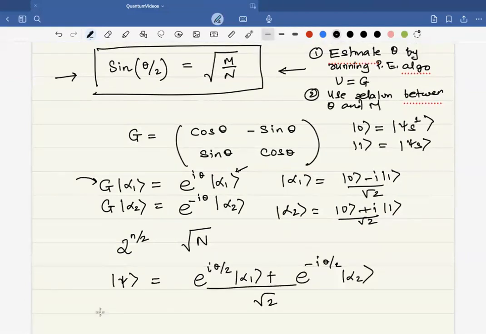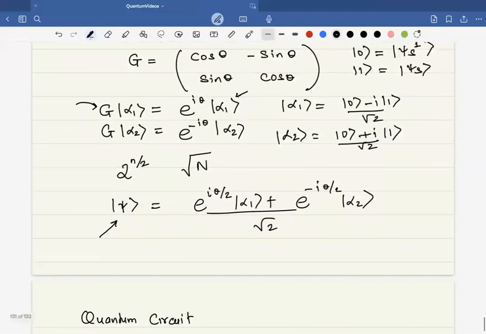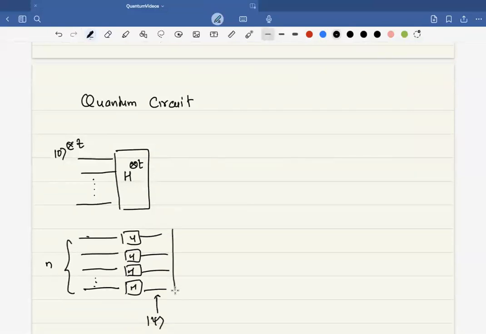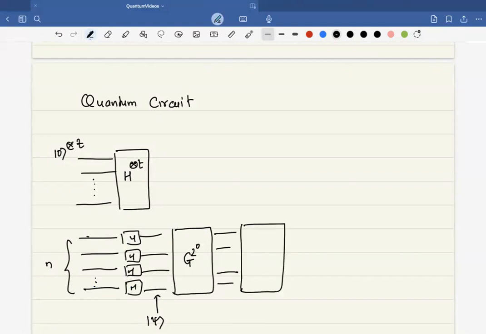So since this vector is related with these eigenvectors in this manner, instead of passing alpha 1 or alpha 2 in the phase estimation, we are going to pass the uniform superposition vector. So this is going to be in the bottom. So this is going to be ket psi, because it's easy to construct. And then we are going to apply the Grover operator, just like the regular phase estimation.